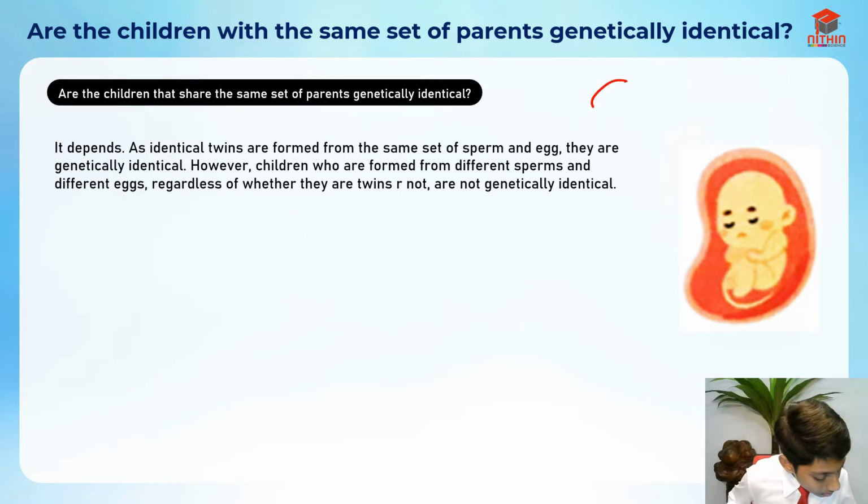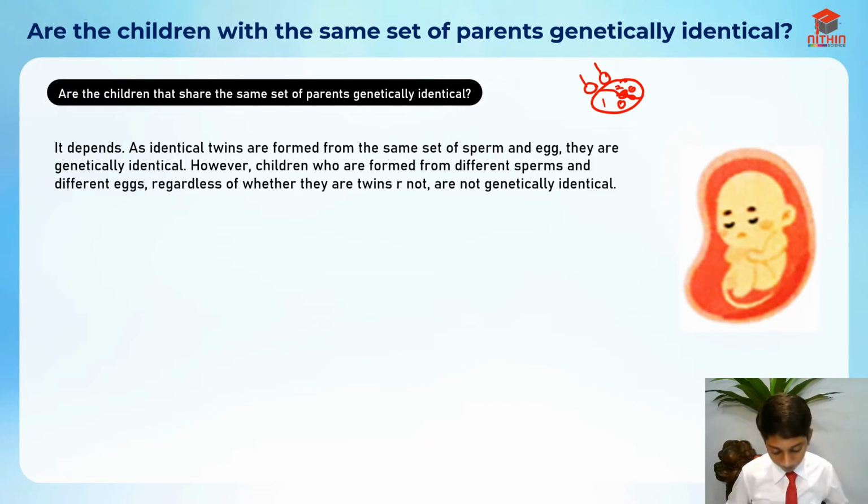So imagine this is the egg over here, and then two sperms come at the same time, and then they will split the egg into two parts, and there will be two nuclei in the egg after the split. And so this is baby 1 and this is baby 2. So those are identical twins, okay?